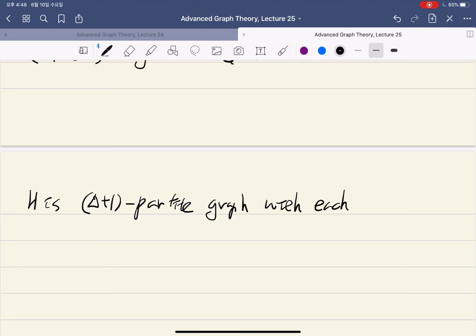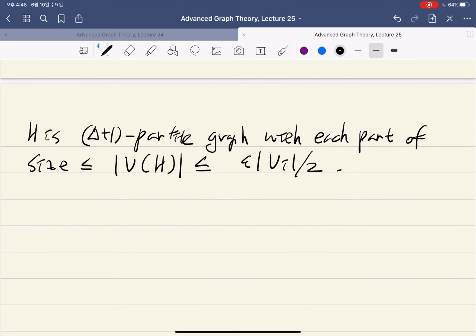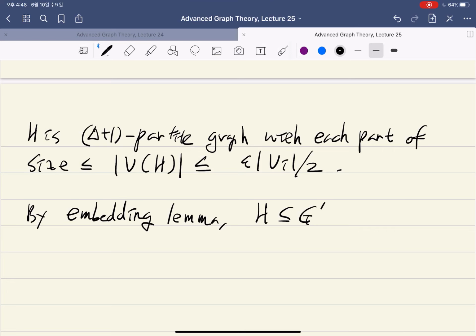With each part of size at most the entire number of vertices of H, which is smaller than epsilon times the size of B_i. So by the embedding lemma, we know that H is inside of G prime, which is a monochromatic subgraph of K_n.